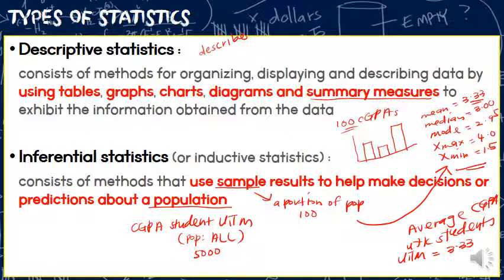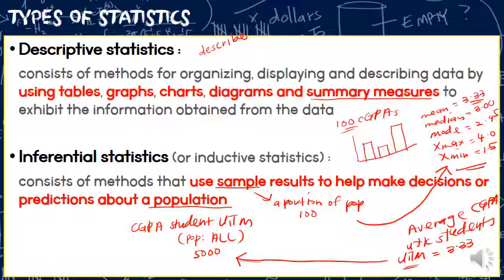Tapi saya buat conclusion, average CGPA untuk student UITM as a whole, untuk semua 5,000 ni, saya buat conclusion mewakili semua orang ataupun semua student UITM. Saya kata UITM student ni CGPA dia average 3.33.